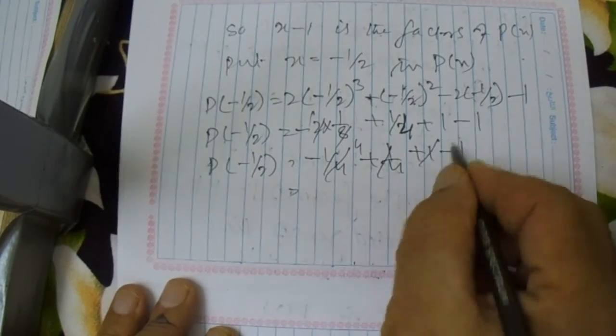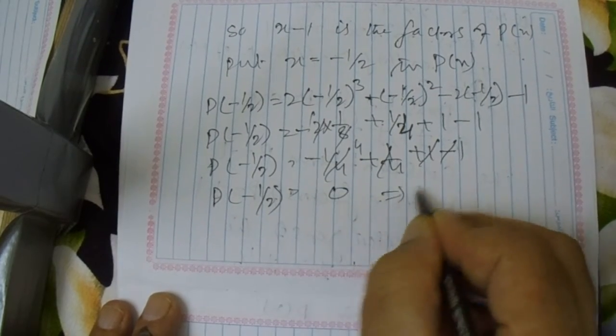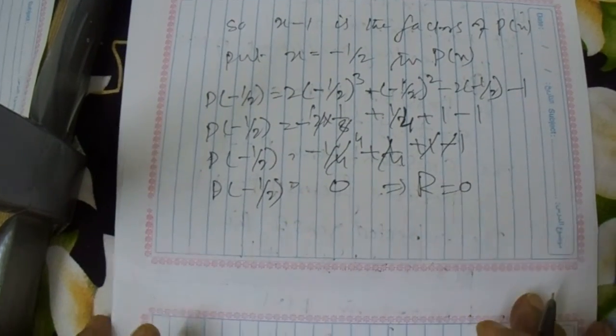Here this will cancel and P(−1/2) = 0. Here the remainder is equal to 0.